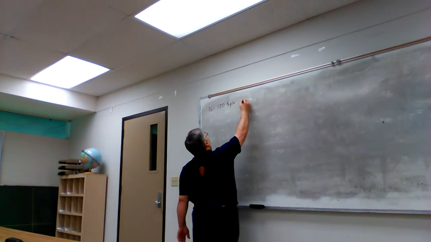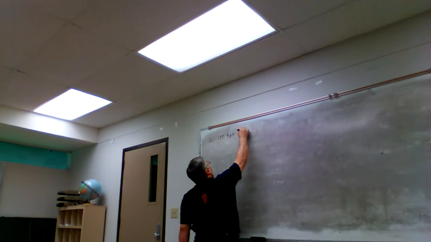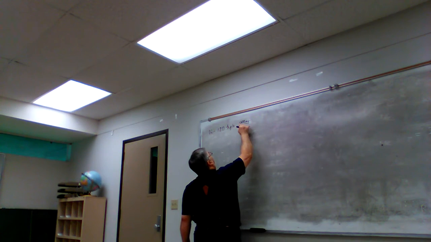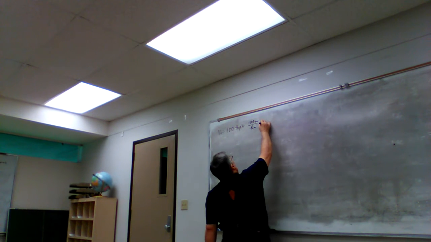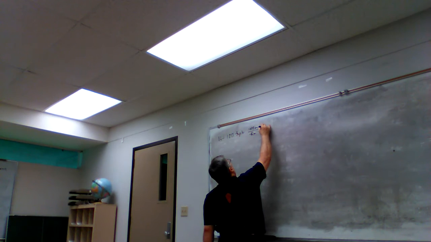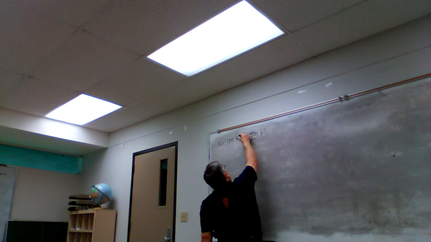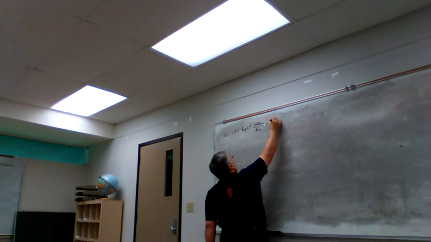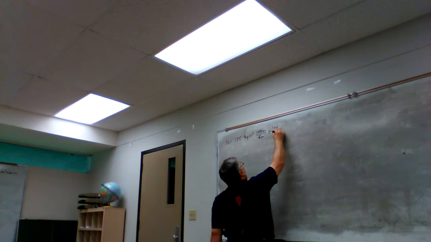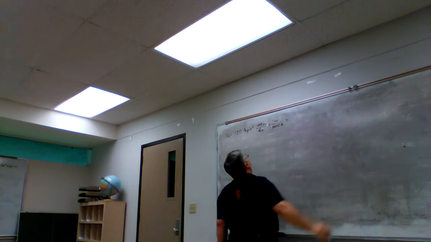We've got 1,000 meters per kilometer, and that's per hour, so that's 1 hour for 3,600 seconds.